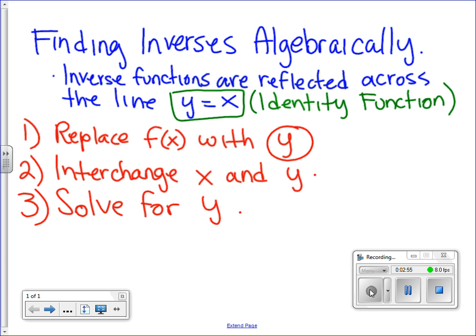So what that means is we're going to isolate y, which means that you're going to leave y by itself.